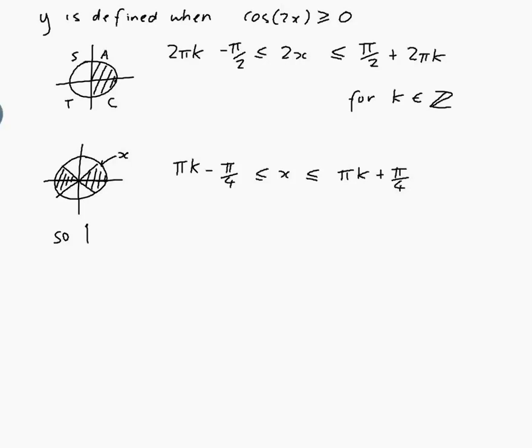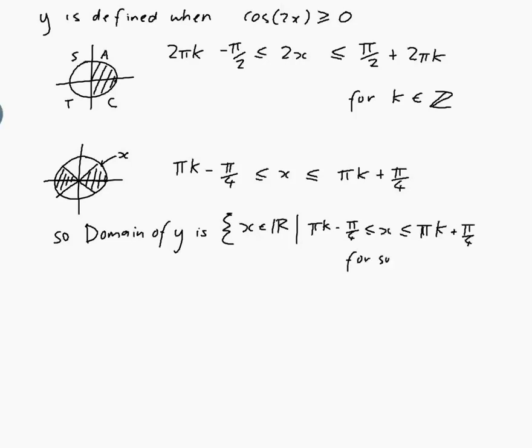So I think we can now state our domain. The domain of y is the set of x in R such that pi k minus pi on 4 is less than or equal to x, which is less than or equal to pi k plus pi on 4 for some k in Z. Close my curly brackets.